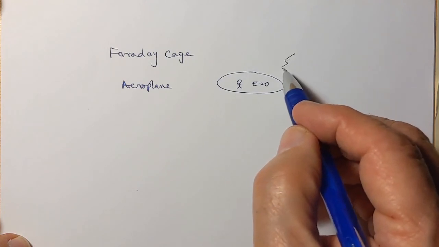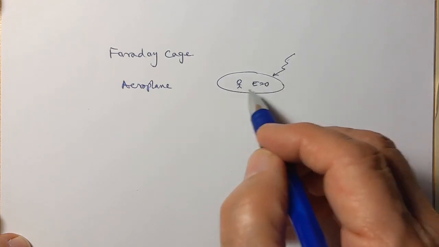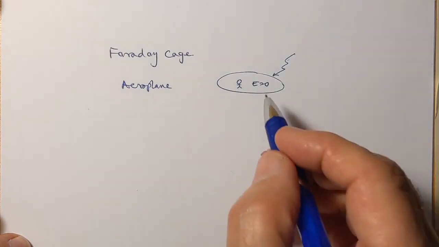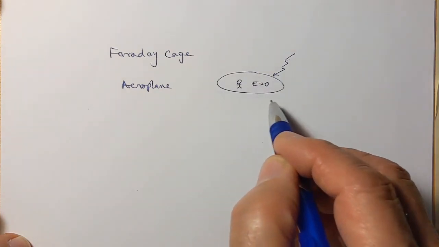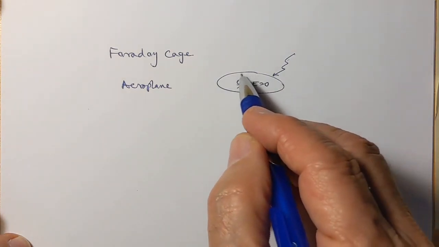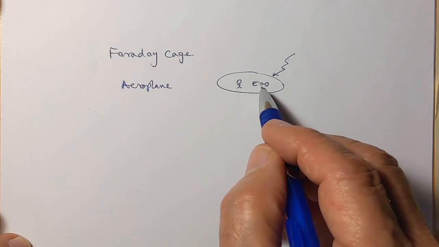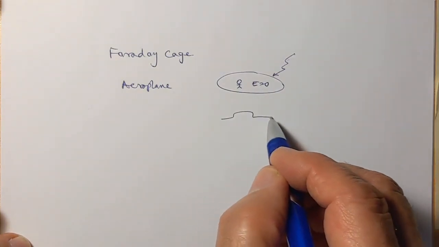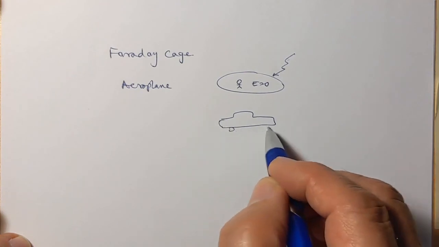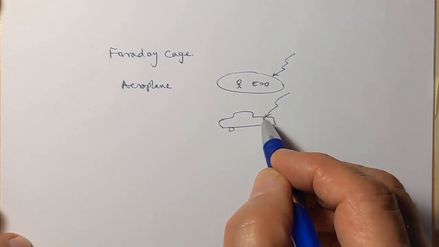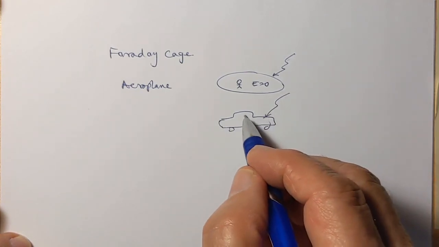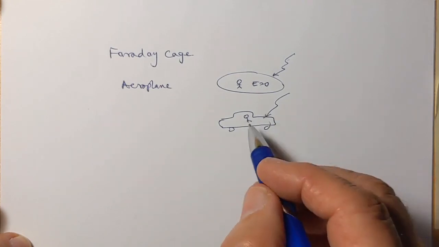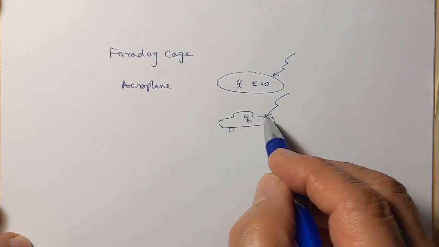So even if lightning hits it, nothing will happen to the people inside because they are inside a metallic object, and so the electric field inside is 0. Similarly, if you're in a car and lightning hits the car, well, the engine may turn off, but the people inside would remain okay because they're inside a metal cage.